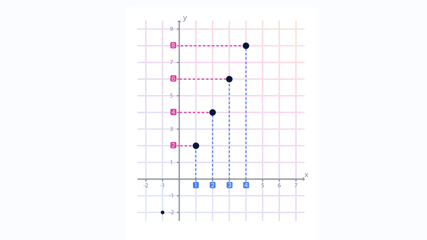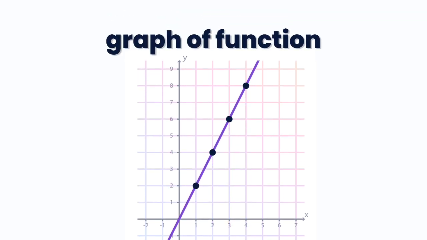Then you connect the points. This line is the graph of the function. You can study the graph to see how the values of the function change. This graph is an excellent visualization of how the y values are double the x values. One important thing to note about functions is that every input value has exactly one specific output value.